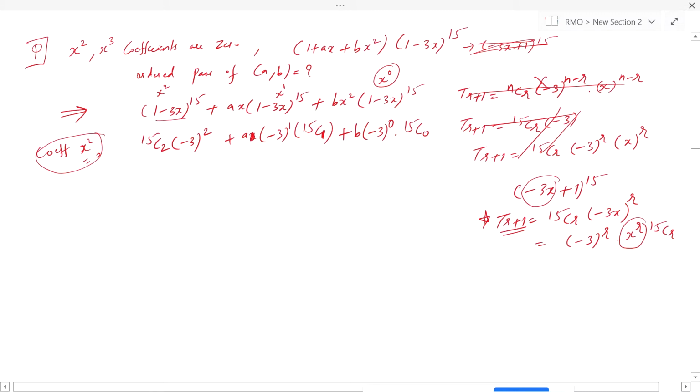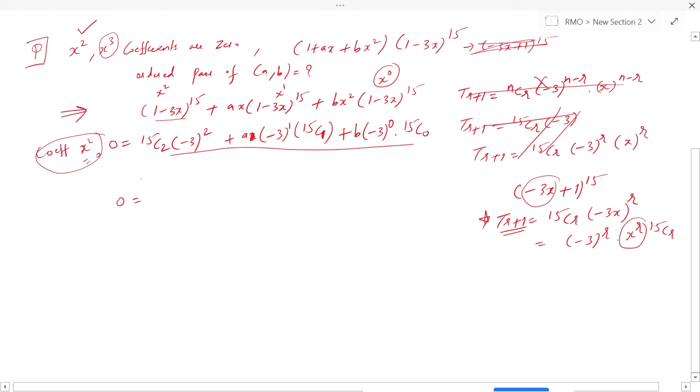I just now focus on this part, you understood this. Now first we'll deal with the coefficient of x square, then in the next step we'll do x cube. For x cube there will be a separate equation in the form of a and b. Two equations will be formed. So this total coefficient is equal to 0, because they said the coefficient of x square is 0. Got it.